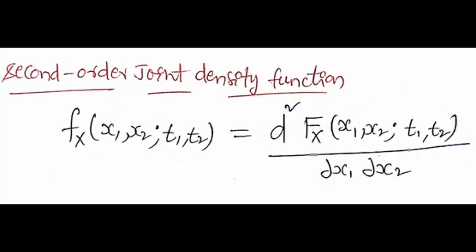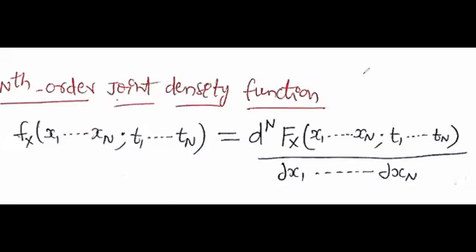And if you extend the discussion up to the nth order joint density function, the equation will look like this. Just wait, I will show you. So this is the equation of the density function of n random processes, represented as x1, x2, and so on, xn. These are the random processes, and for these we have equal time slots.